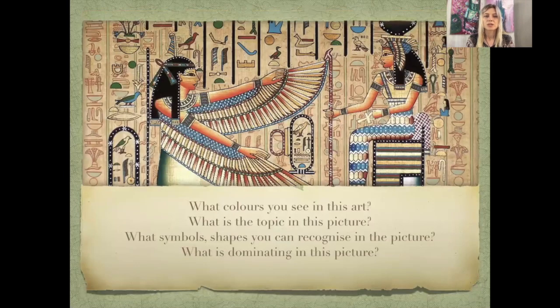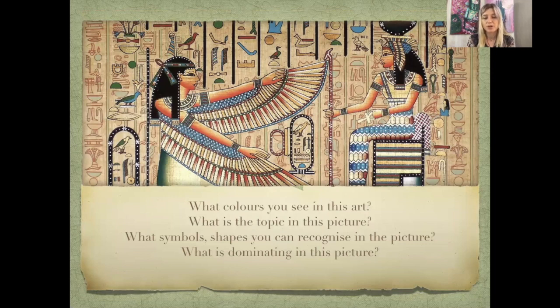So when we look at this picture, what colors do you see in this art? I see some green, blue, orange, red, yellow, almost all primary and secondary colors.